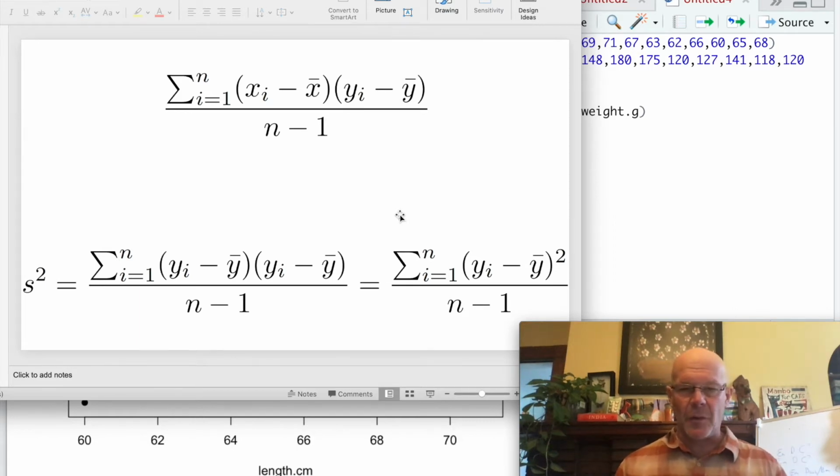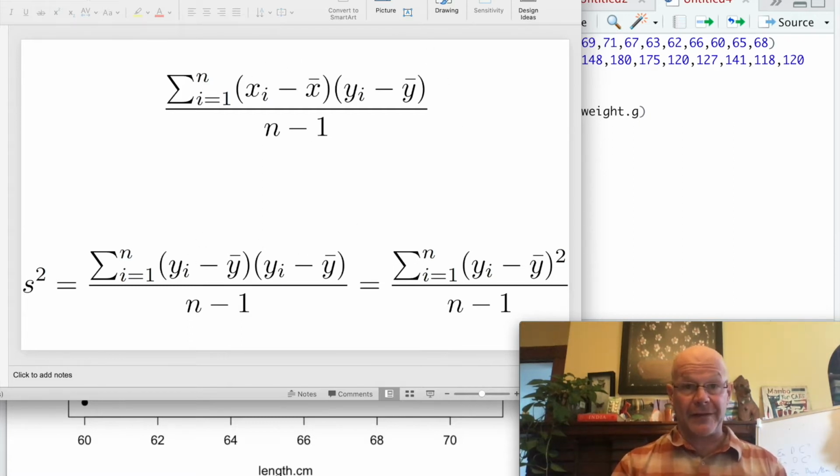You can see here that covariation is mathematically super similar to how we calculated the variance. The only difference is that here we're dealing with univariate, whereas up here we're dealing with bivariate.